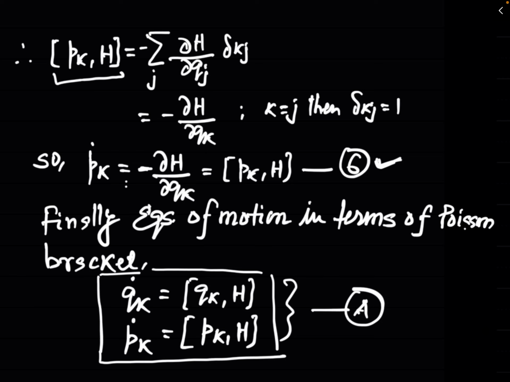Now from this equation of motion in Poisson bracket form, if we consider that Poisson bracket of pk and h is equal to 0, taking this condition, we will find a very important result.